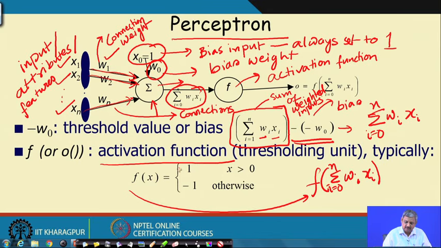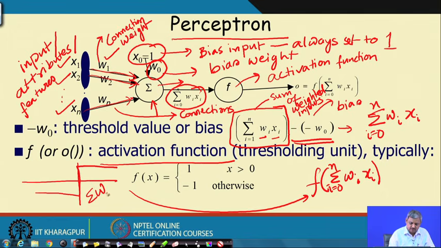The value of the output of the activation function is 1 if the input is positive, and minus 1 otherwise. So, it looks like this. If summation w i x i, i equal to 0 to n, is positive, it gives plus 1, and if negative it gives minus 1.